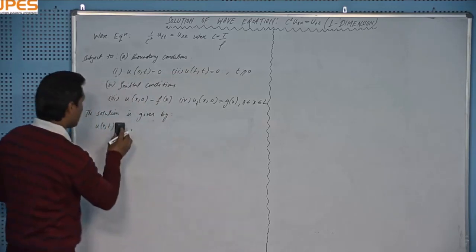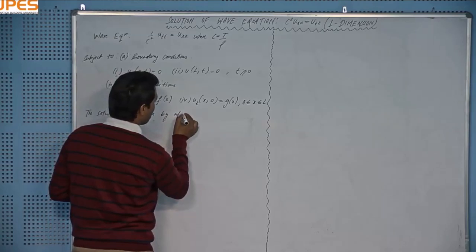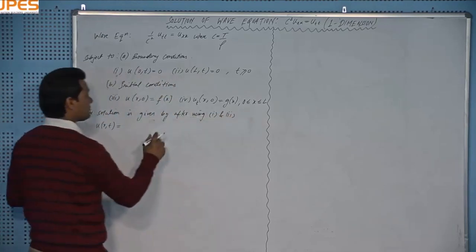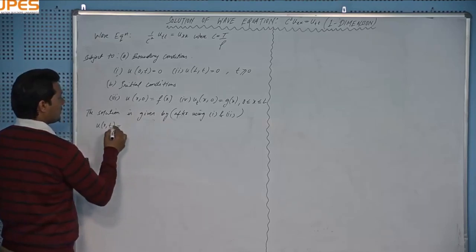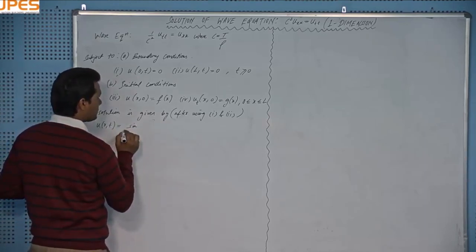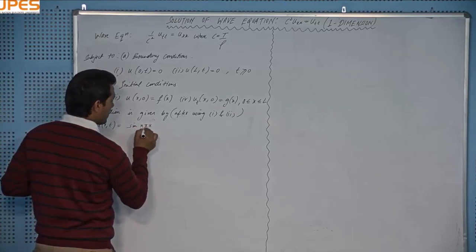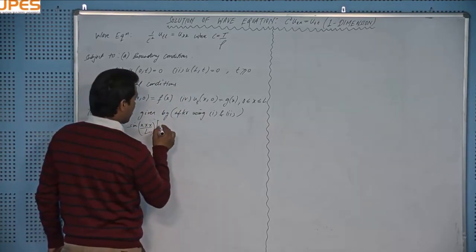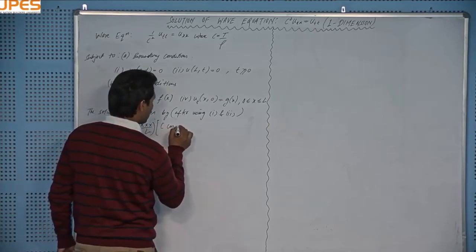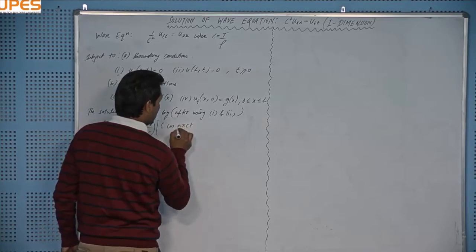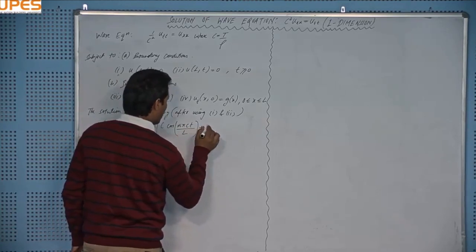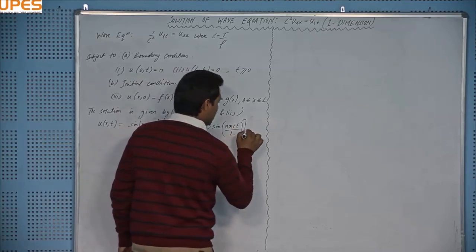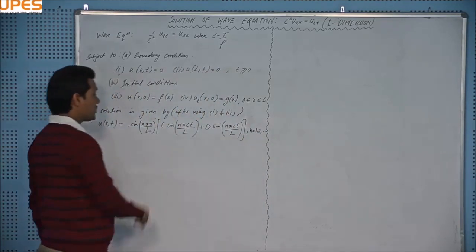Using condition 1 and condition 2, the solution is given by sin, where the value of p was nπx over L, and as a function of t I have c cos(nπct/L) plus d sin(nπct/L), where n was 1, 2, 3, and so on. So this was our solution.